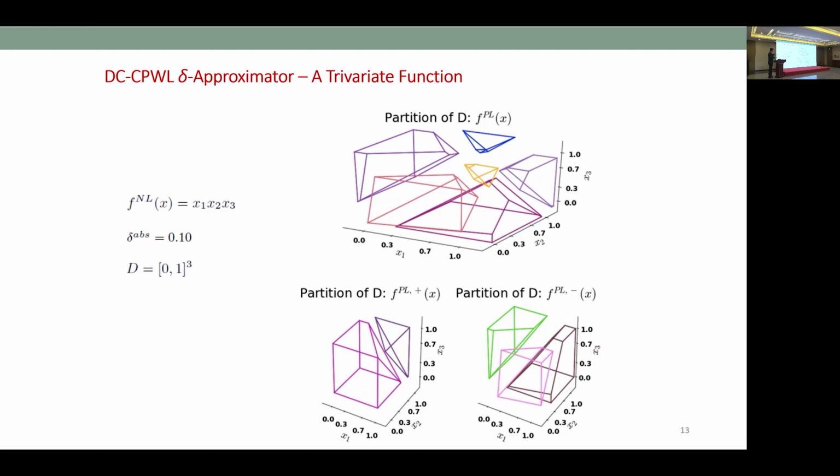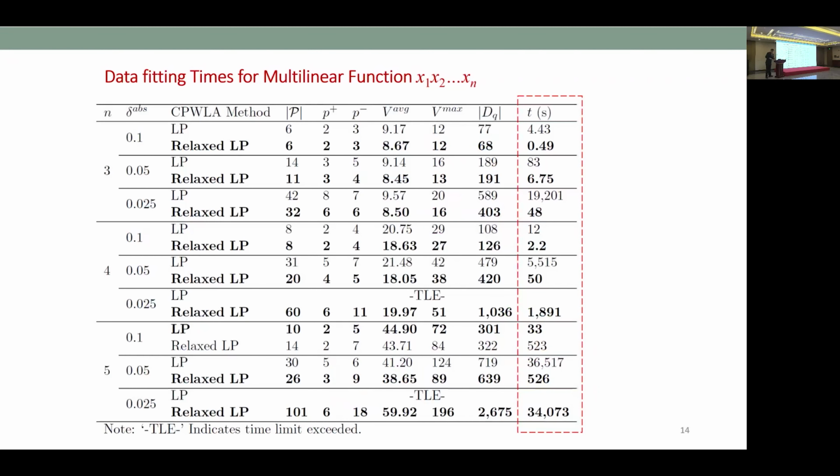Now, if we try more and more variables in the function, we'll see the computational time increase dramatically. So here are some computational results. We try functions with n variables, x1 times x2 up to xn. If you have 3 variables in the problem with different precision requirements, you will have different solution times.